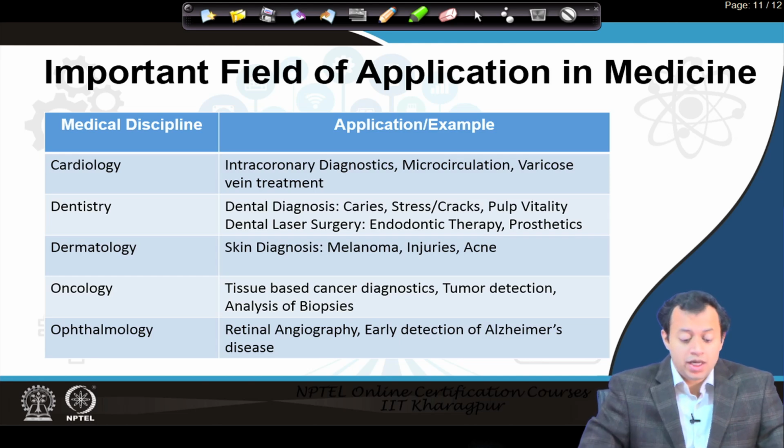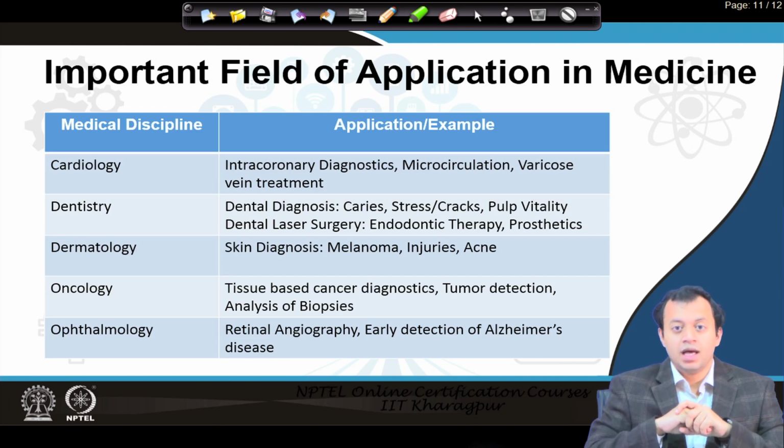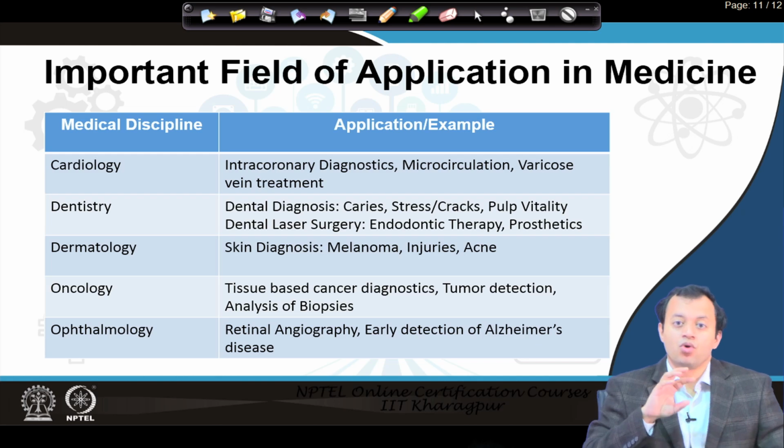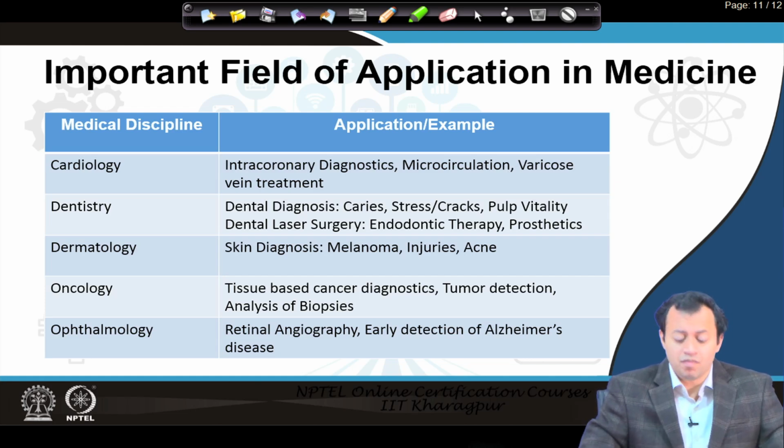Oncology is very strongly coming up. I myself am working on optical detection, fast optical detection of oral cancers, where oral cells are being taken, exfoliated, and we look at them under a microscope, and then using biophotonic technologies we try to measure the progression of cancer in those tissues, tumor detection as I said, and analysis of biopsies.